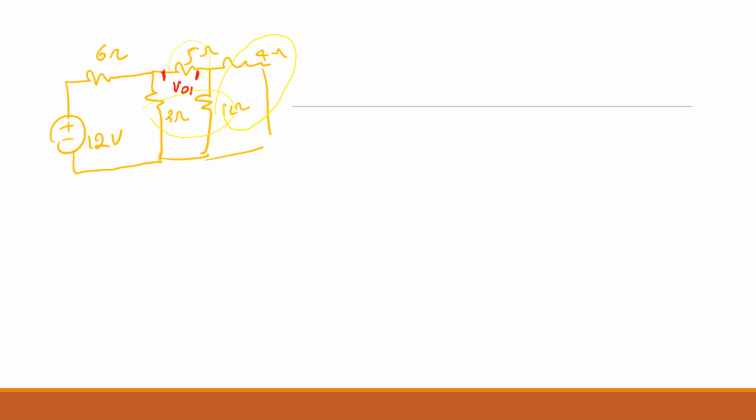If some two are parallel means they should start and end with the same node. But here you have 5 in between them, isn't it? So 12 and 3 are not parallel, but 12 and 4 are in parallel. Sorry, is it 12? 12 and 4 are in parallel. That's right. So you can combine it.